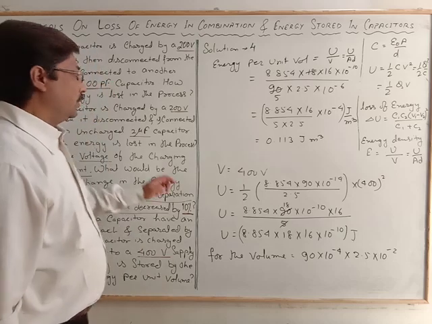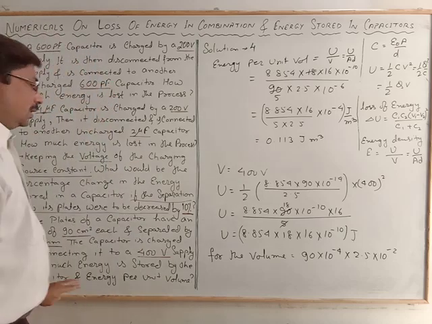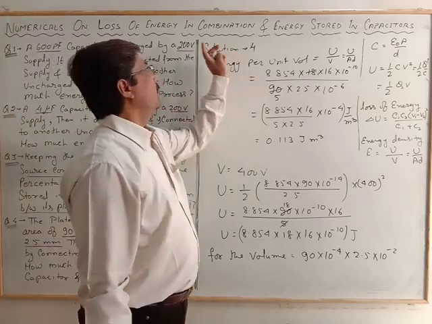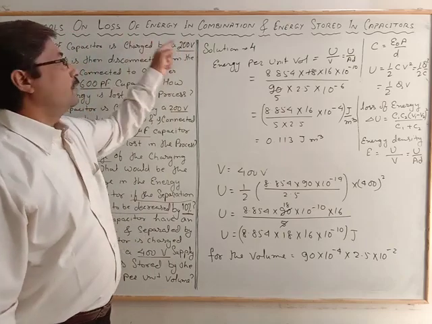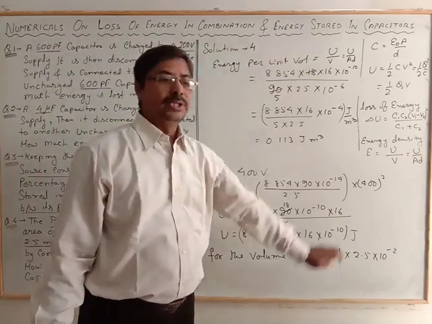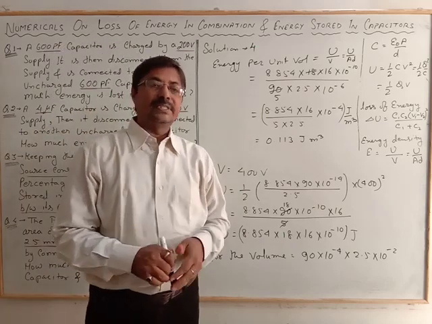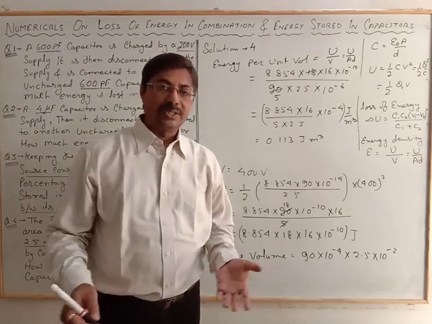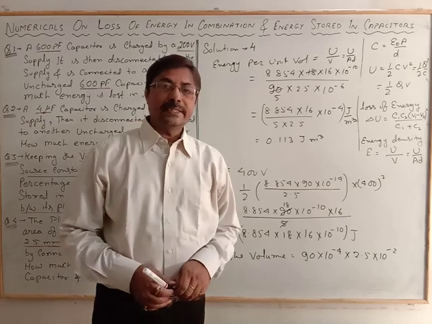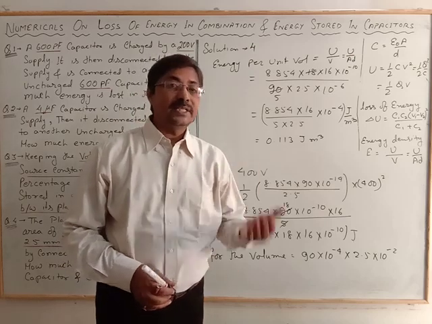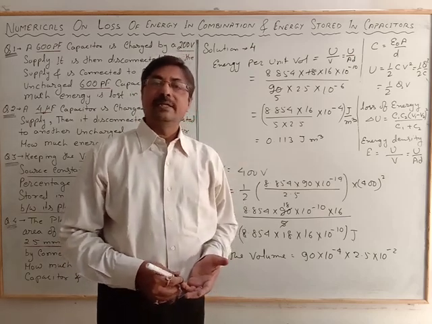So all about the relations, the loss of energy and the energy stored in the capacitor. In the last few classes also we have discussed the combination. In the next class we will move to the next chapter, that is current electricity.